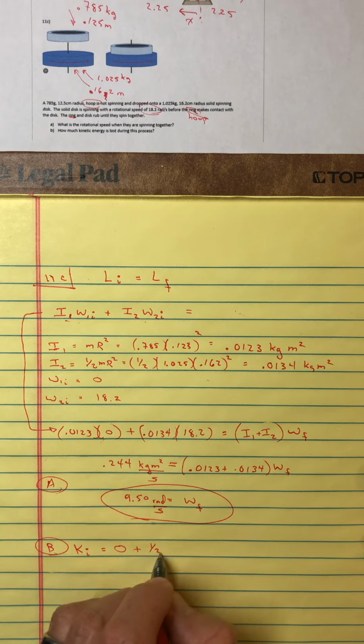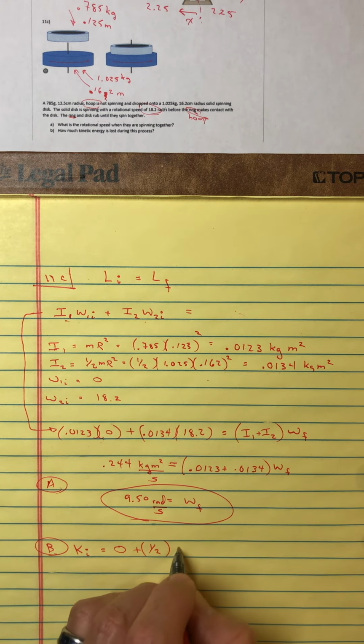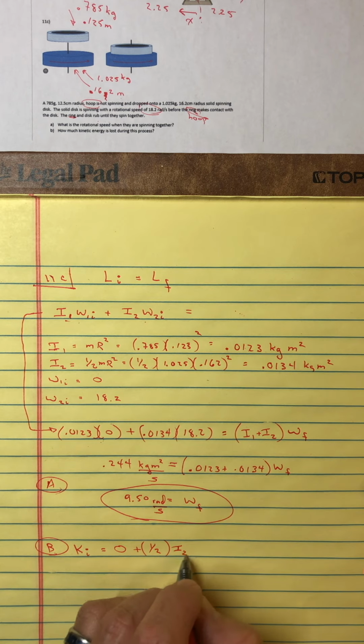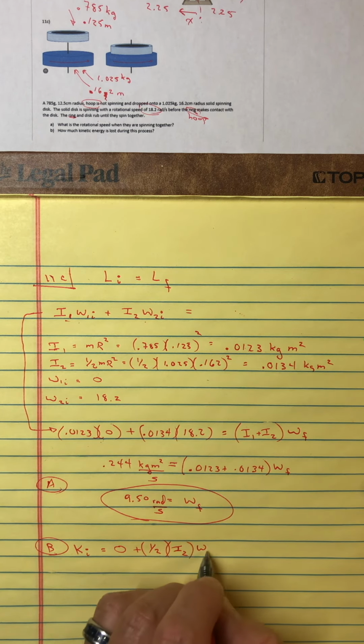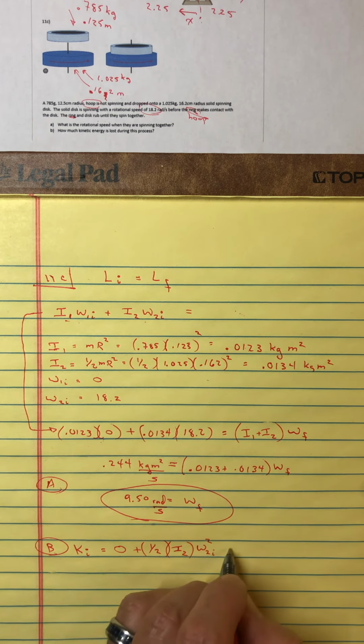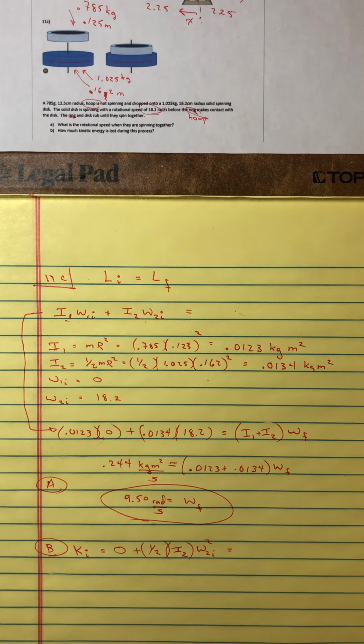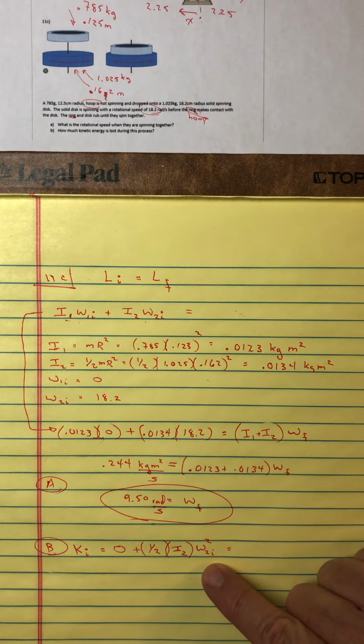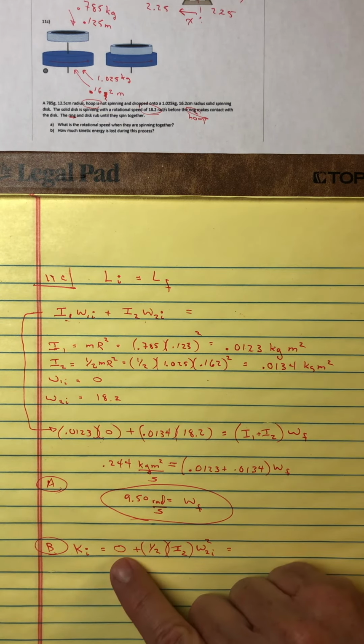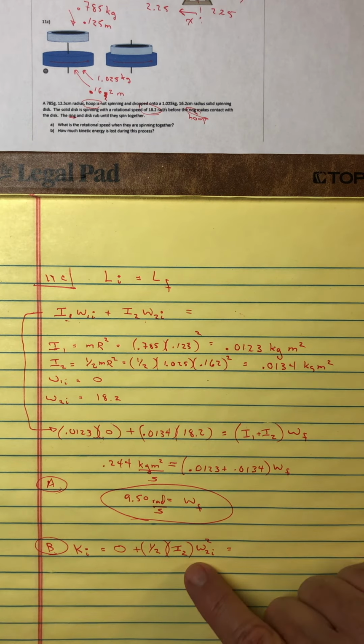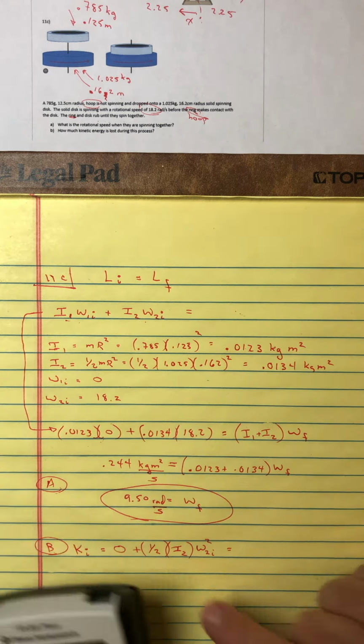And then it would be 1/2, I'll call it I number 2 times omega 2 initial squared. And so this is just the spinning part before they come together. And like I said, the ring in your hand has 0 speed, so it's 0 kinetic energy. But the second one's spinning pretty good.